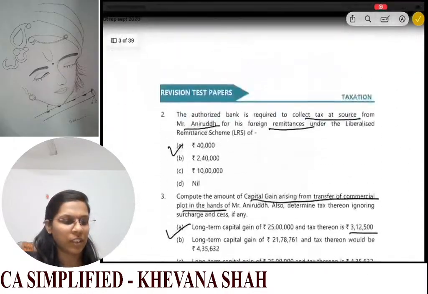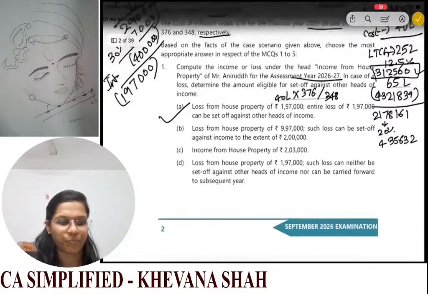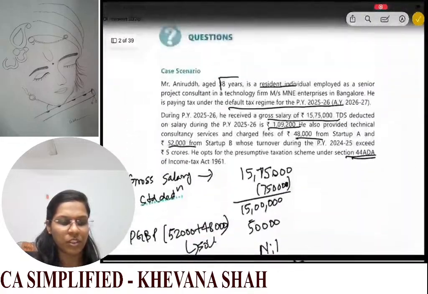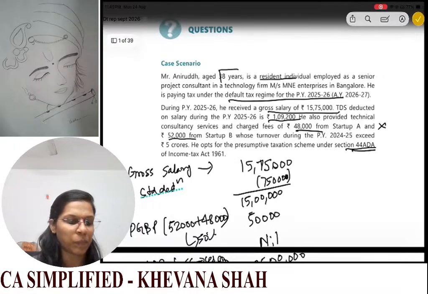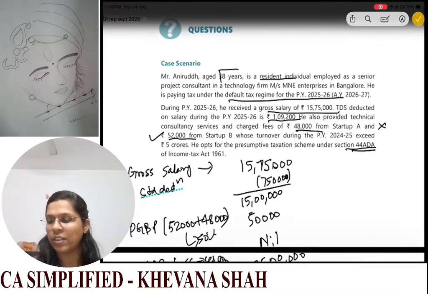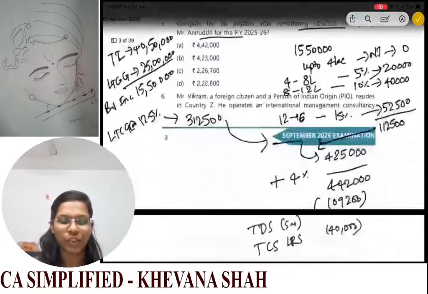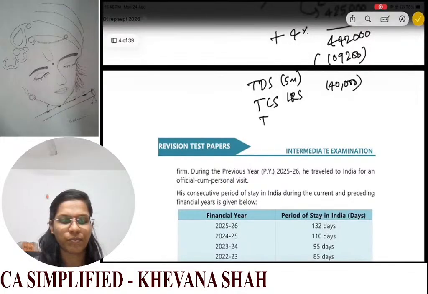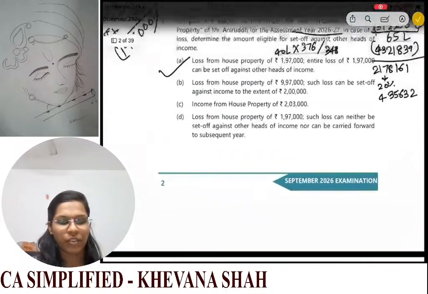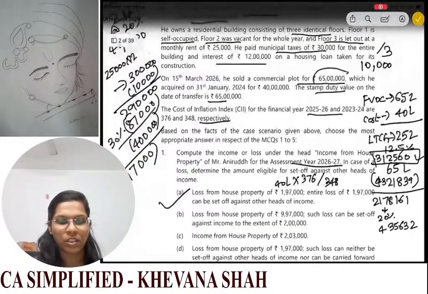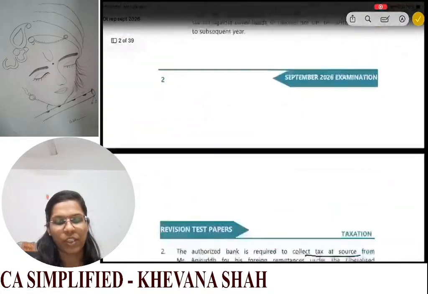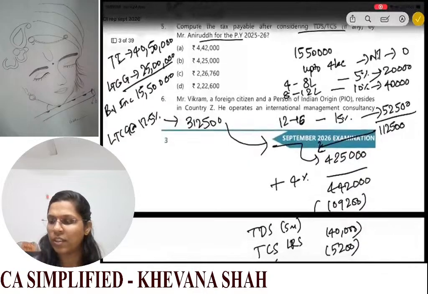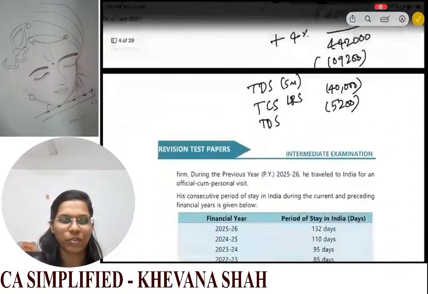Then I have TDS of, see, for these 48,000 TDS will not be applicable, but for these TDS will be applicable, okay, at the rate of 10%. So 5200 I will have TDS, 194J. Then I will have TDS on these 65 lakhs, okay, more than 50 lakhs, so 1% over here, 65 lakhs into 1%, 65,000.